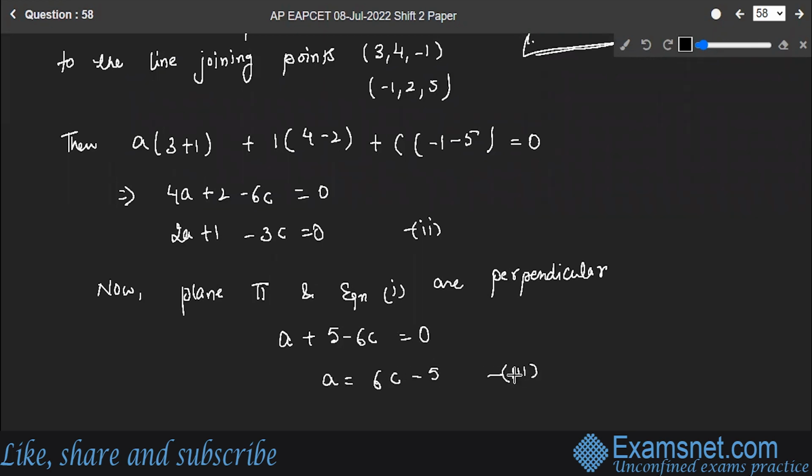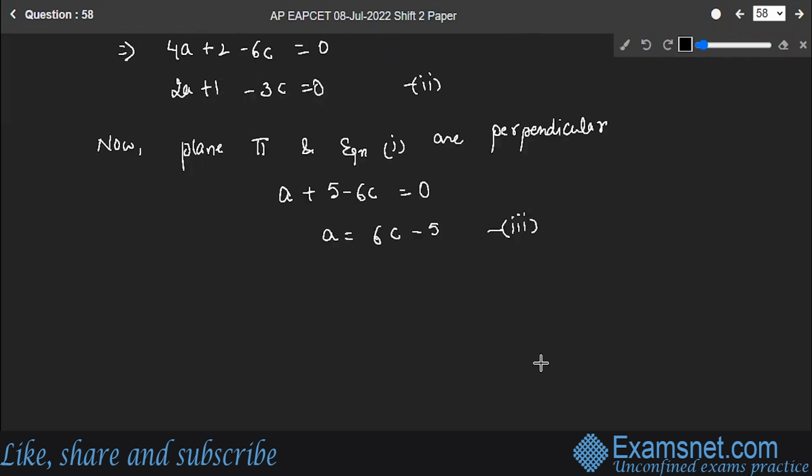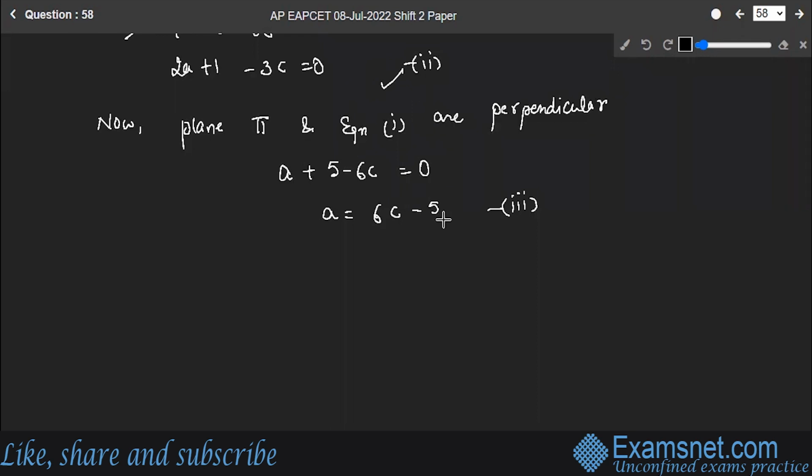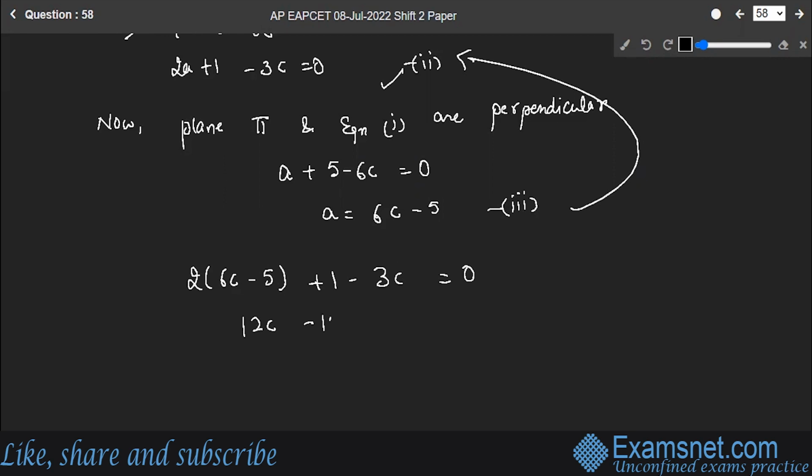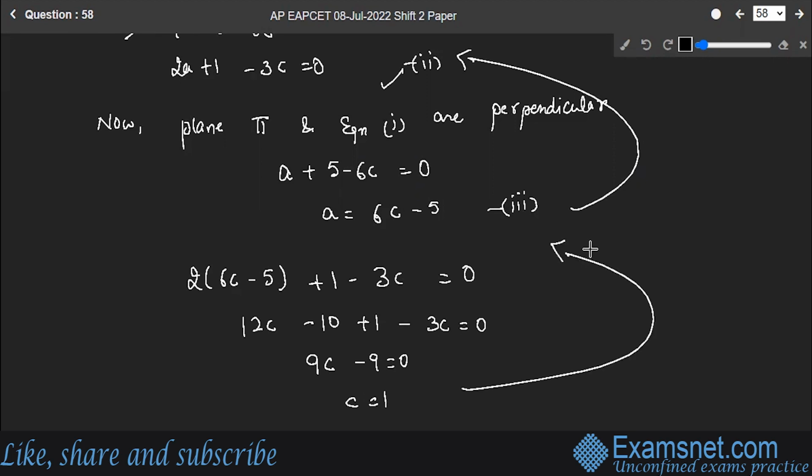So this is number 3. Now let's put this one in this equation. So you will have 2 into 6c minus 5 plus 1 minus 3c is equal to 0. 12c minus 10 plus 1 minus 3c is equal to 0. 9c minus 9 is equal to 0, which gives you c is equal to 1.